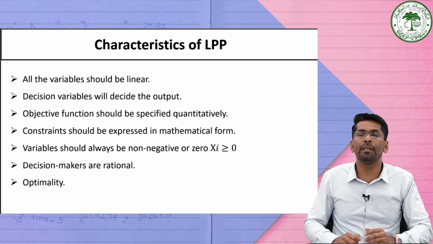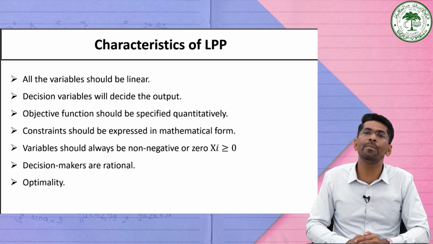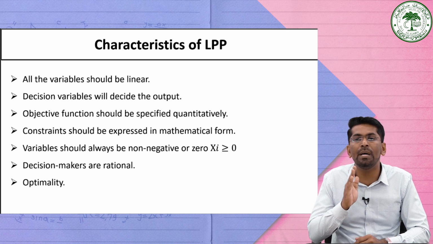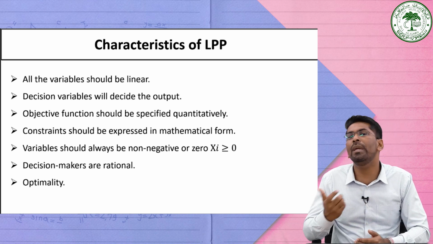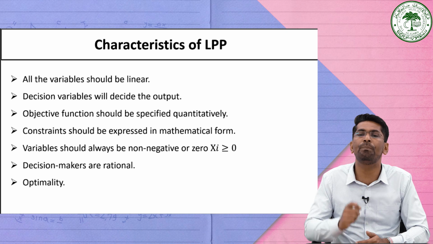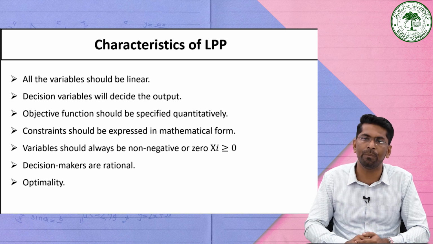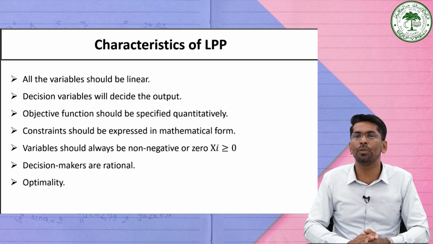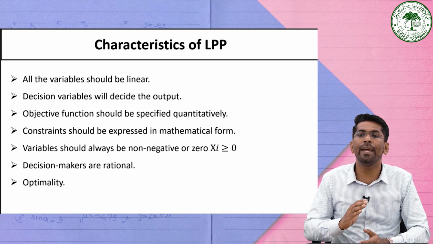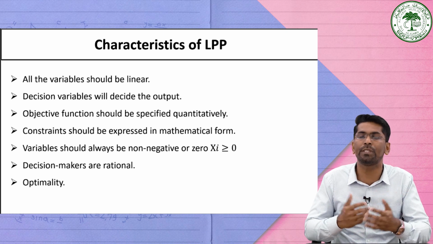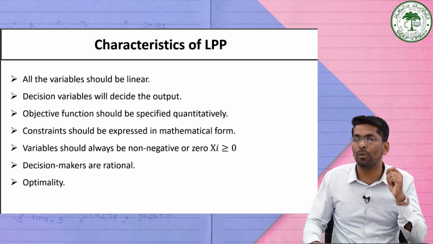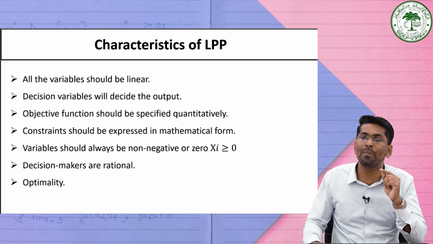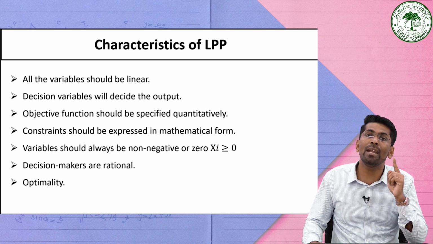Another most important characteristic of a linear programming problem is optimality. A linear programming problem seeks to find the best possible solution, either in the form of maximization or minimization of a particular function or objective. Among all the feasible solutions, the decision makers try to select the best possible solution, and this solution is known as the optimal solution. Here the concept of optimality comes in.